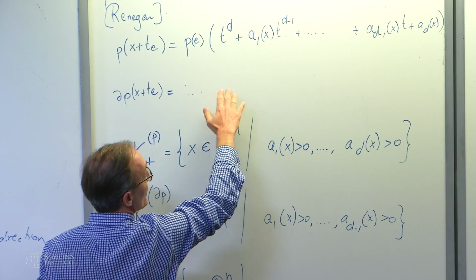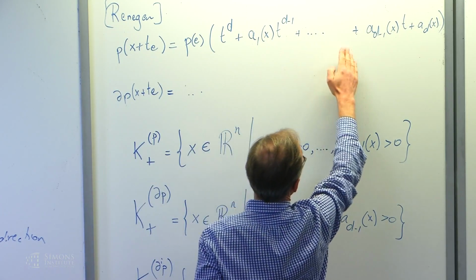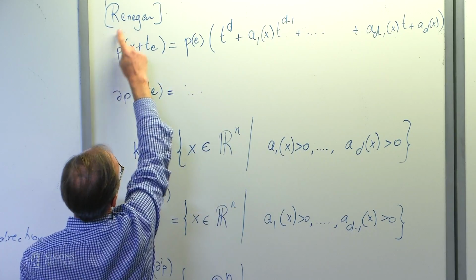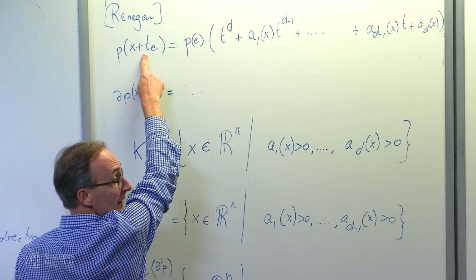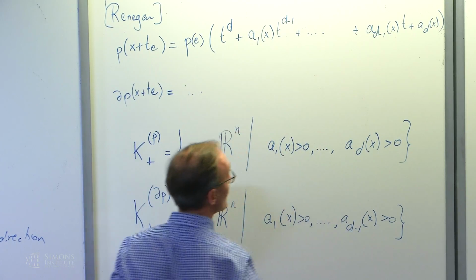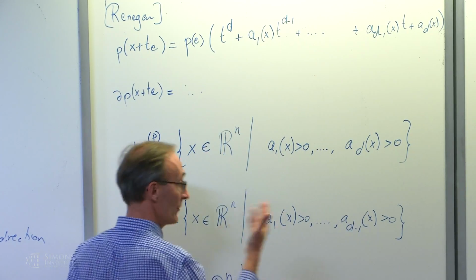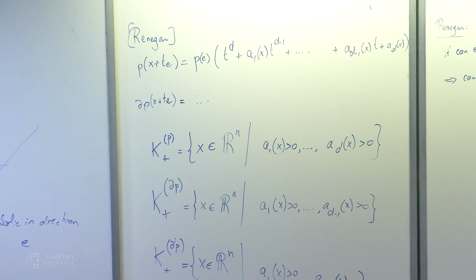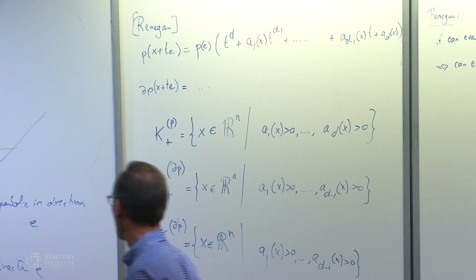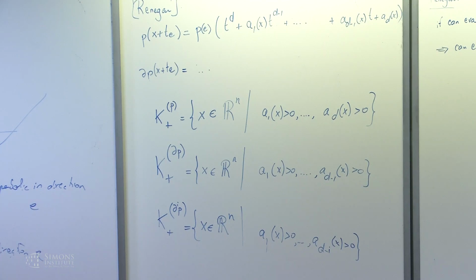To compute these terms, you can just evaluate these polynomials for several values of t and then do interpolation. So you can use the discrete fast Fourier transform to get these. You don't want to evaluate at t equals 0, the definition of the derivative, because everything will go away, only a d minus 1 will stay.